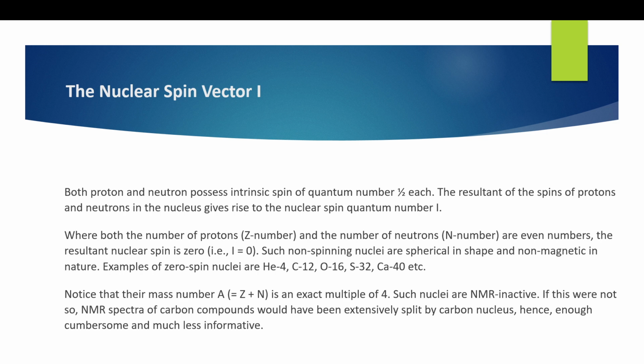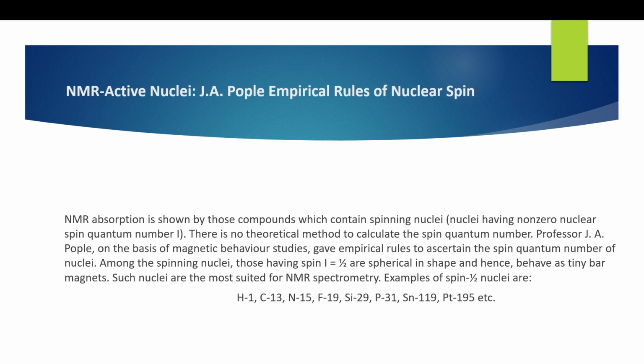Secondly, when the proton number and neutron number both are odd numbers, so that the atomic mass number is an even number, such nuclei have integral spin. Deuterium, for example, has spin 1. Nitrogen 14 has spin 1. Boron 10 has spin 3.